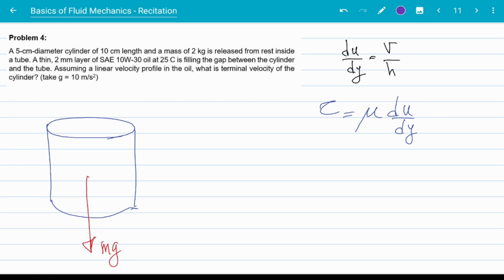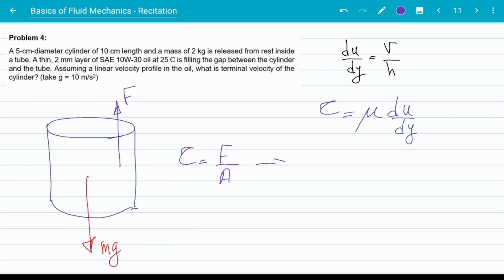On the other hand, I have this friction force acting in the opposite direction of the flow. Now, this friction force is because of the viscous oil that is filling the gap. I know that there is a relation between this viscous force and the shear stress. So shear stress is F over area. Now, the area that we're interested in here is the surface area of the cylinder.